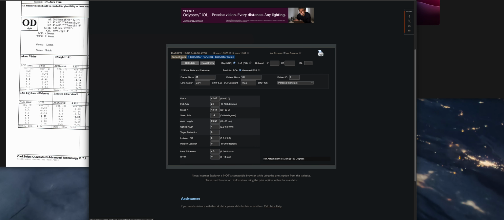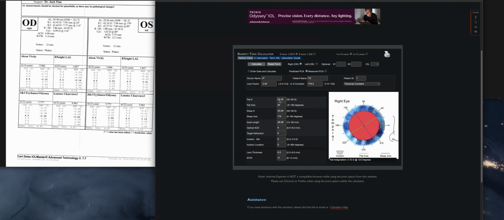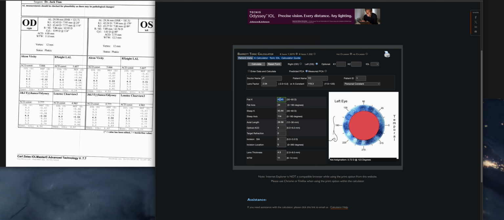Alright, now we're going to do the other eye. So check the left eye there. So very close concordance between the two eyes there.